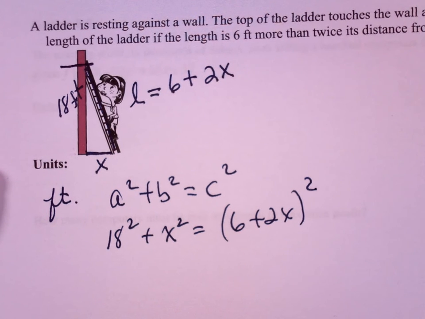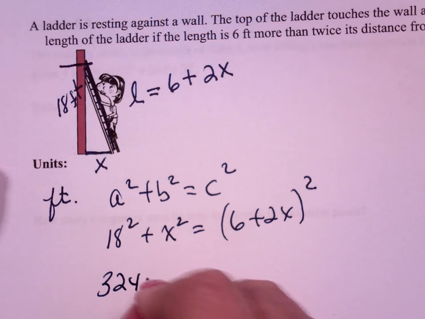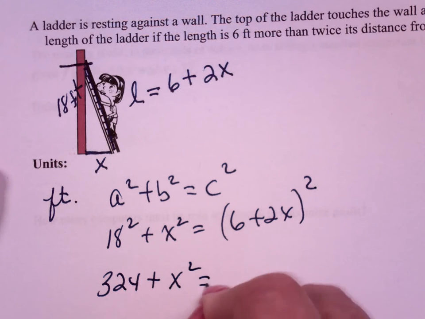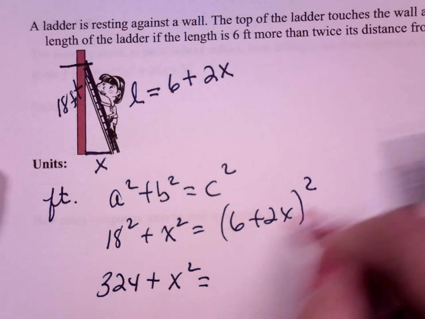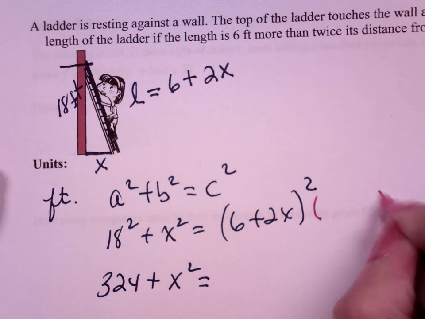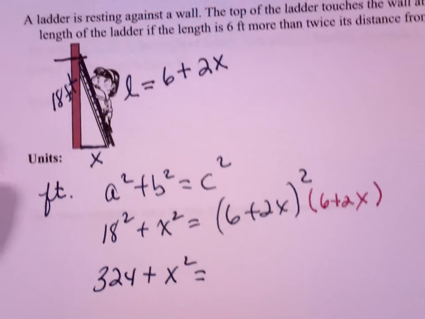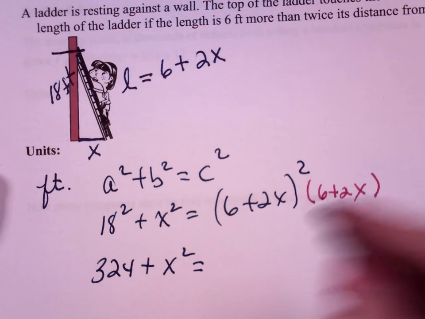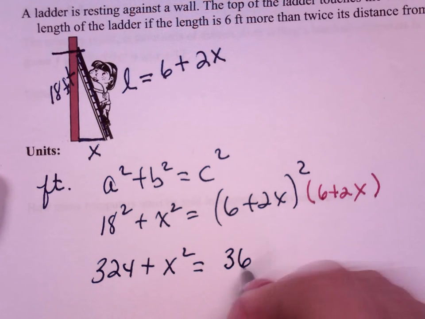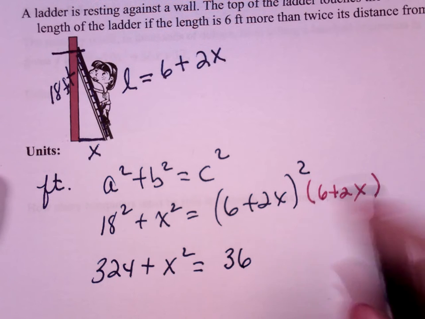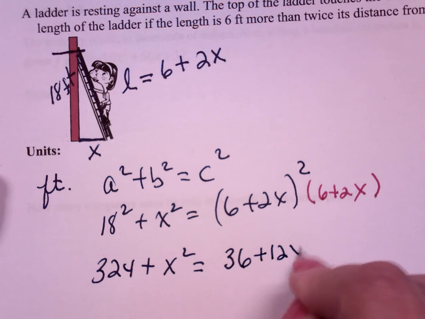Is 324 plus x squared equals, now remember when you're squaring a binomial, you repeat it. So foiling, first is 36. Inner is plus 12x.